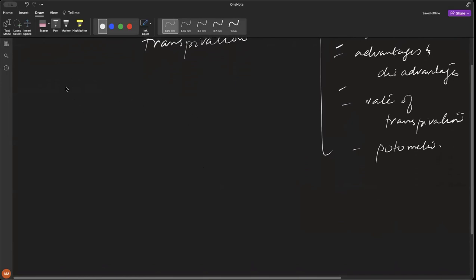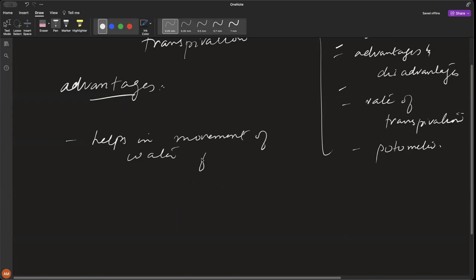So when we talk about advantages, number one, transpiration helps in the movement of water from soil to leaf, from roots to leaf, right?